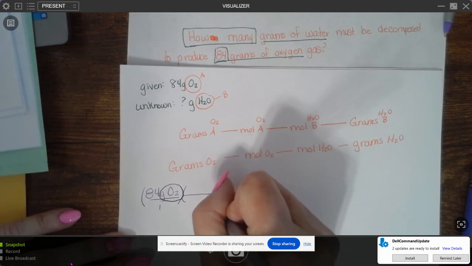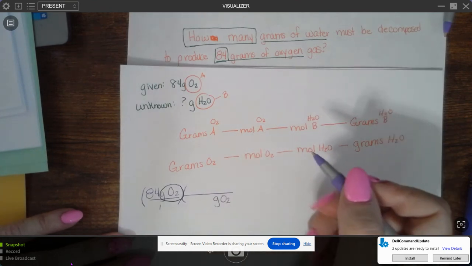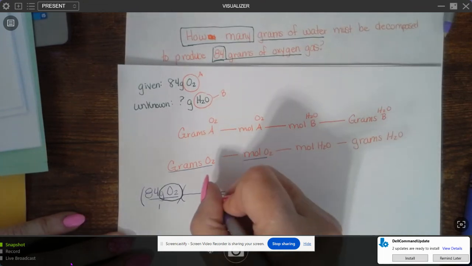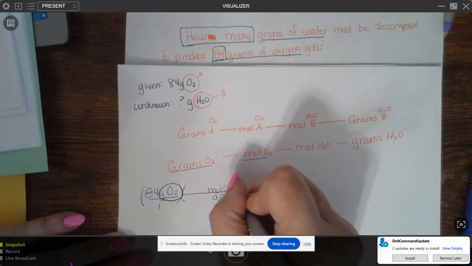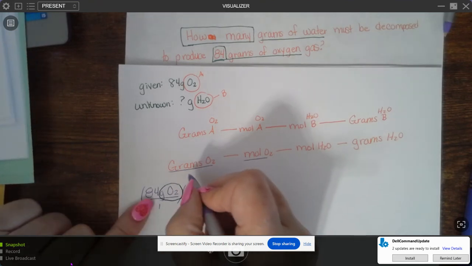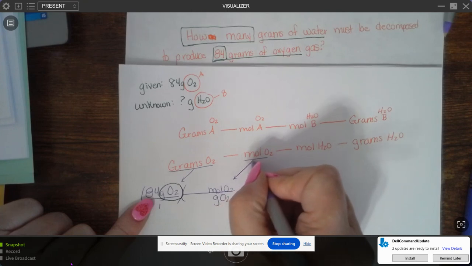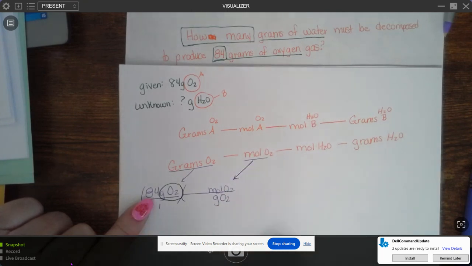So grams of O2 on the bottom, and moles of O2 is going to go on the top. We know that because if you look at your mole map, we start with grams of O2, and the step we're trying to figure out is moles of O2.